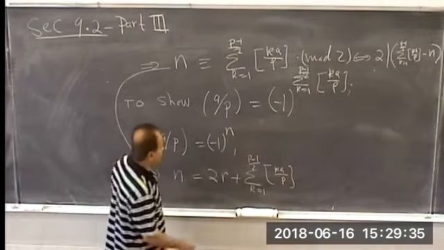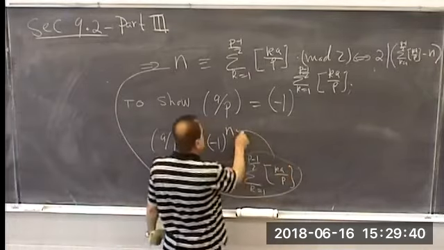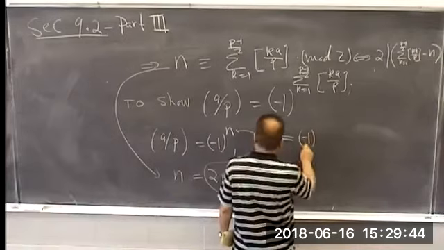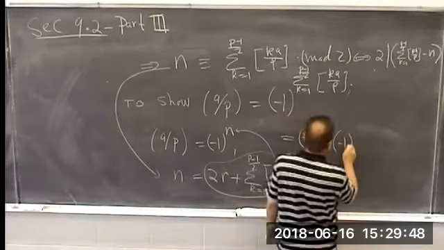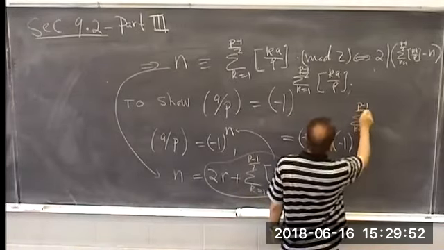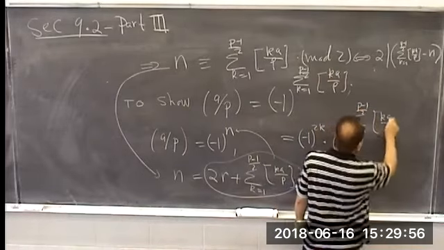Now we're going to put this back in here. So we're going to make this an exponent, and this becomes negative 1 to the r multiplied by negative 1 to the summation of the brackets ka over p.